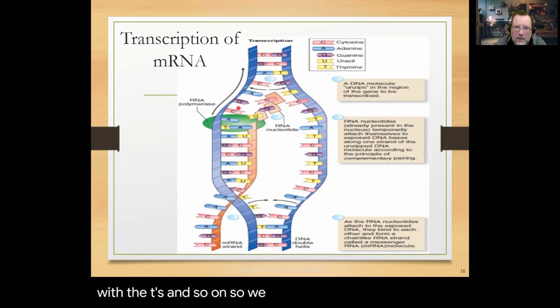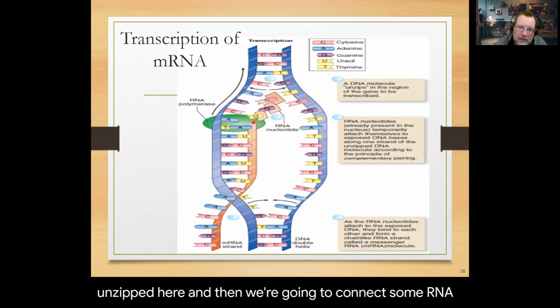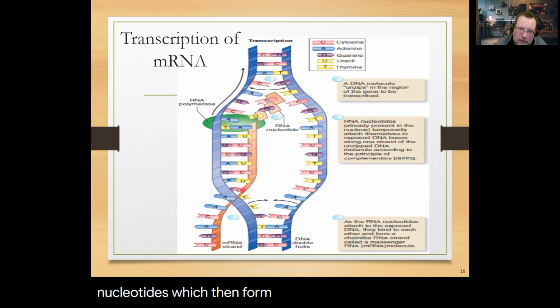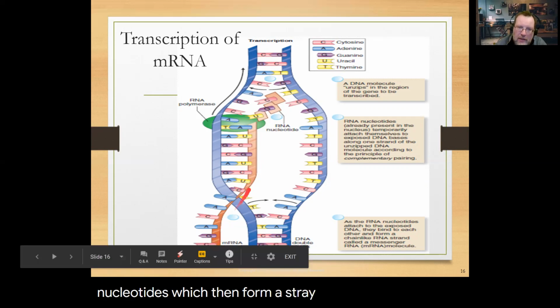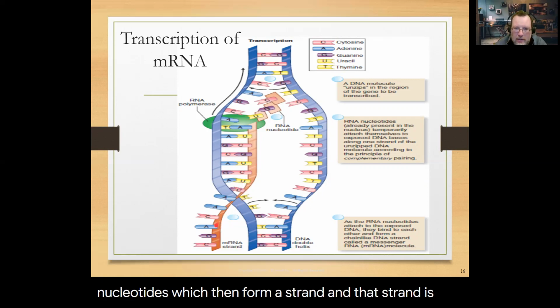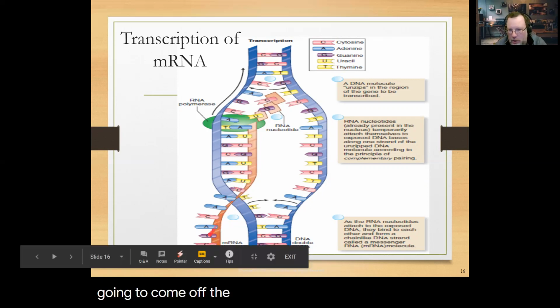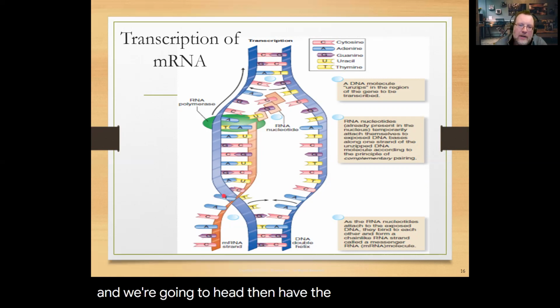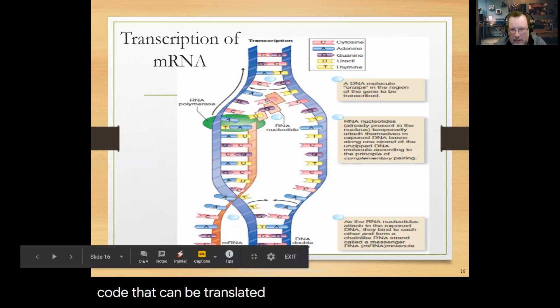So we get this little strip that got unzipped here, and then we're going to connect some RNA nucleotides, which then form a strand. And that strand is going to come off the copy machine or come off the line, and we're going to then have the matching opposite code that can be translated in the cytoplasm with the help of the ribosome.